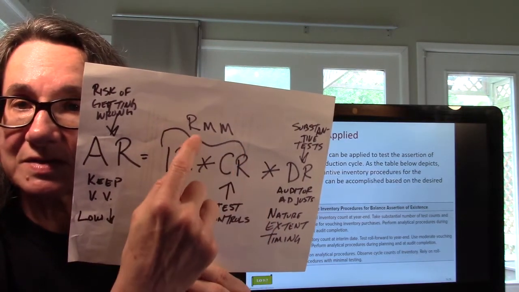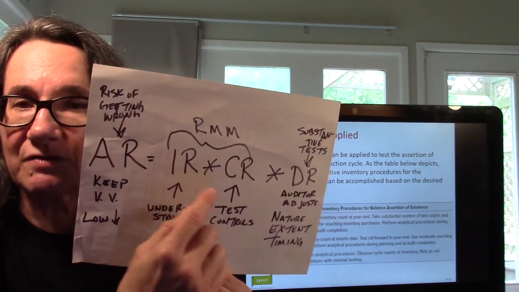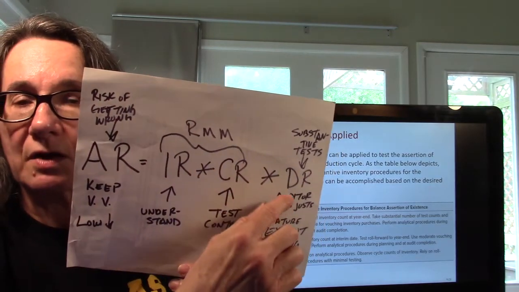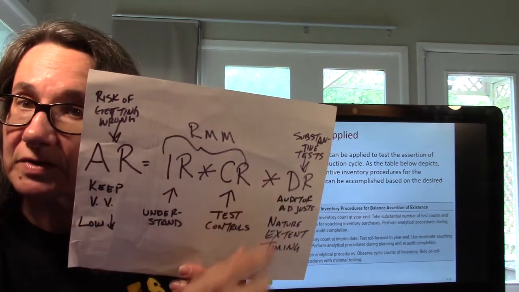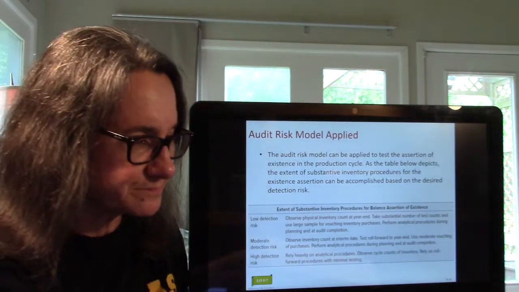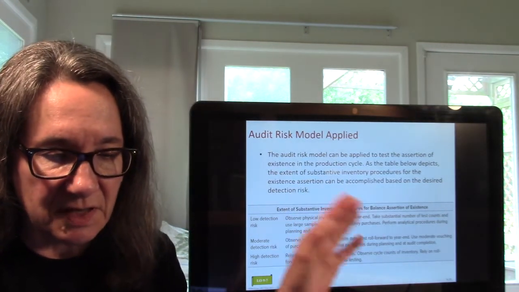If risk of material misstatement is low, your client doesn't have high inherent risk, they have good controls in place, so the risk of material misstatement is very low. Okay, I can have higher detection risk because it's cheaper. I can do less.